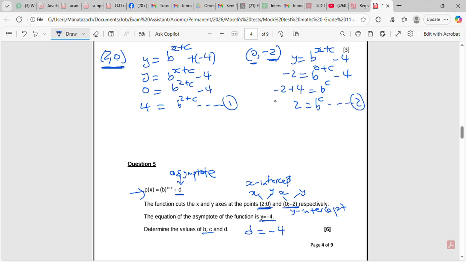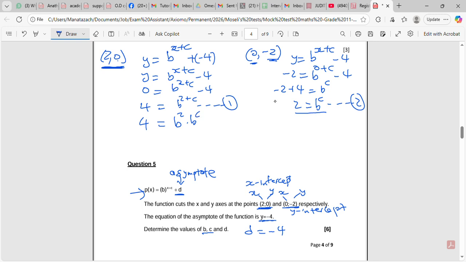Okay, now let's manipulate equation 1 to make it look similar to equation 2. I'm going to go back to equation 1 and just use the exponential law to split 2 plus c into b exponent 2 multiplied by b exponent c. You see what I did there? I just applied the exponential law.